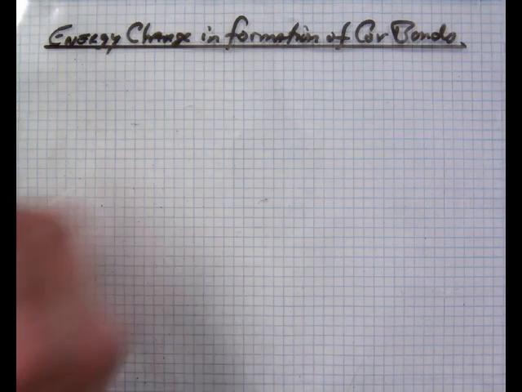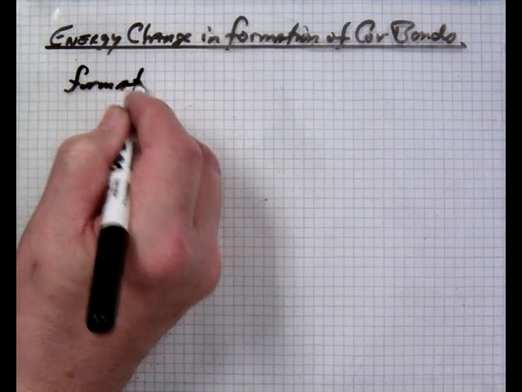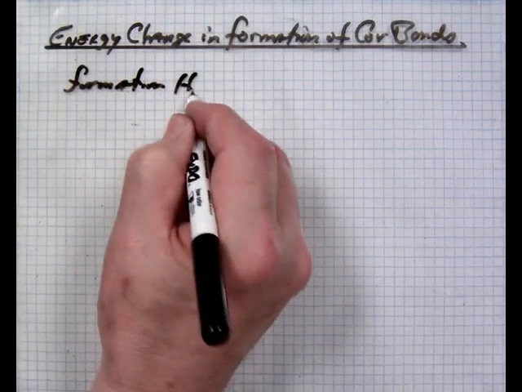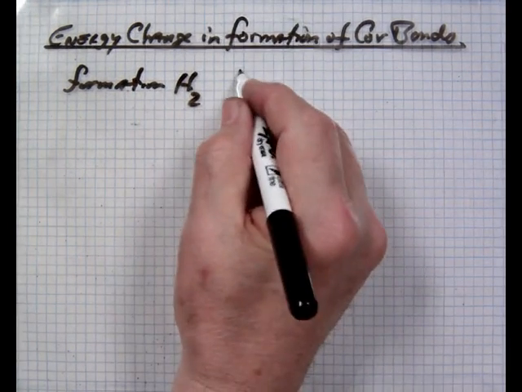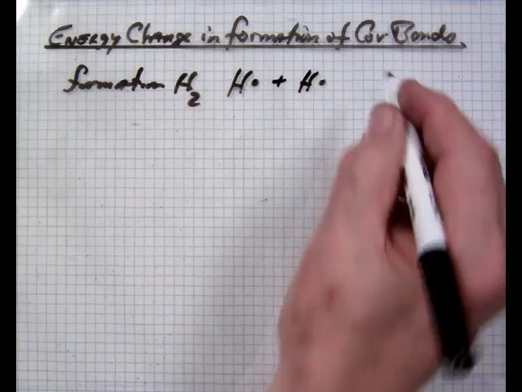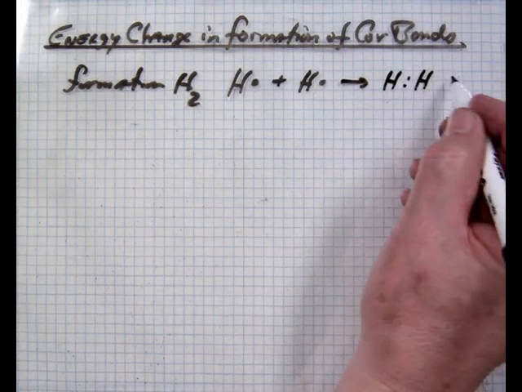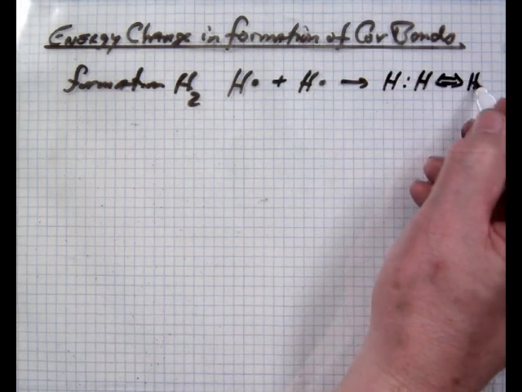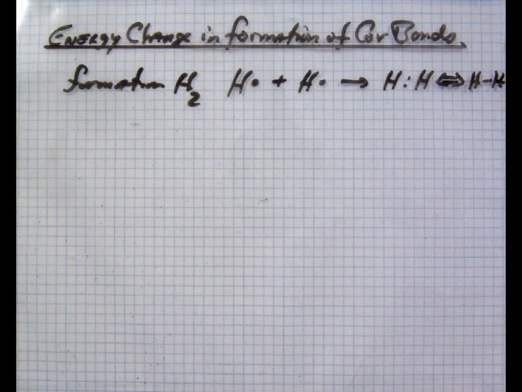Let's consider the formation of molecular hydrogen, H2. So essentially, we're looking at a hydrogen plus a hydrogen ground state going to hydrogen, which is the same thing as H bar H. So that's what we're trying to prove and show how. Okay.